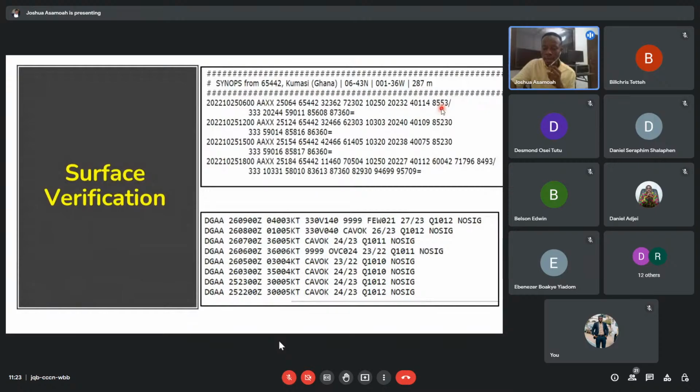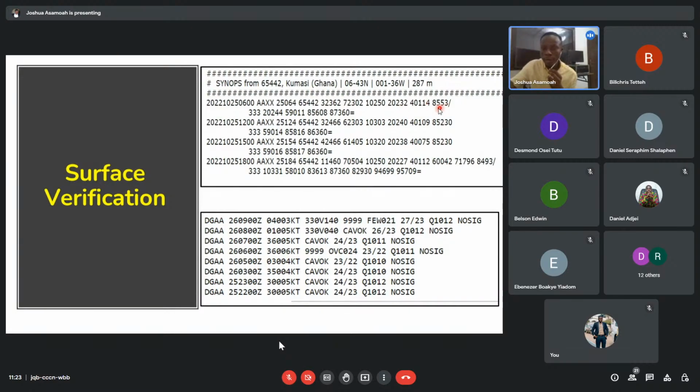We can use the subsequent code to tell whether it's a medium cloud or a high cloud. So this is just telling you the amount of the lowest cloud in the atmosphere. And then the next 5 is telling you the type of the low cloud. The next one is telling the type of the medium cloud, and then the last one is telling you the type of the high cloud. We have the forward slash here to mean that there's low cloud, there's medium cloud, and so we are not able to see the high cloud.